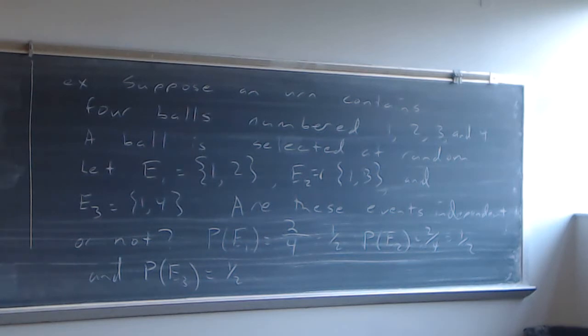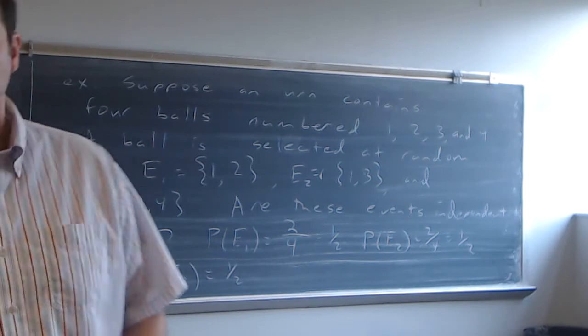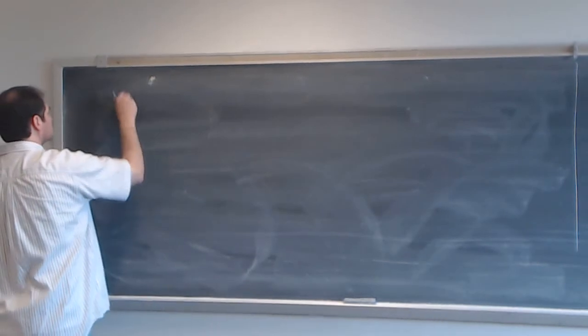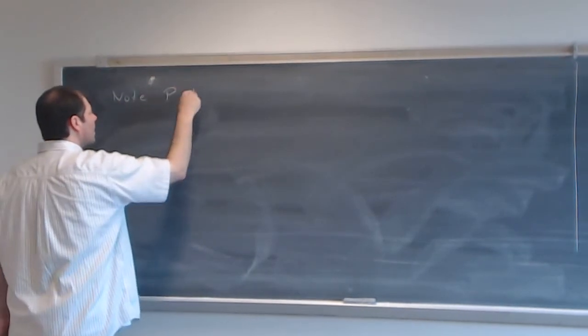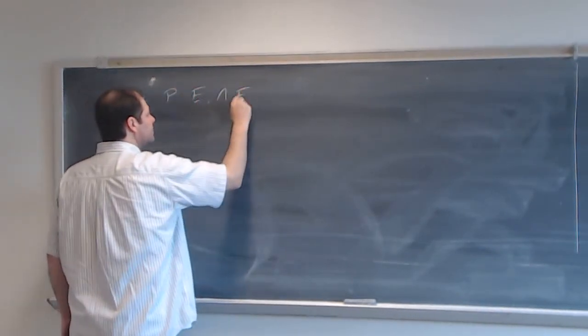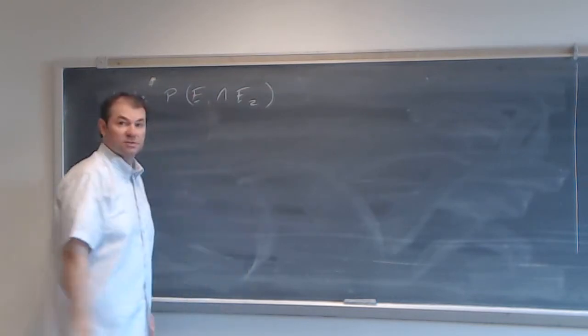Well, let's see. Note the probability of E1 intersect E2. So that's one subcollection.